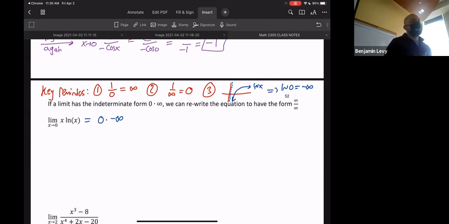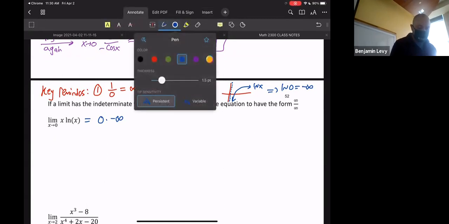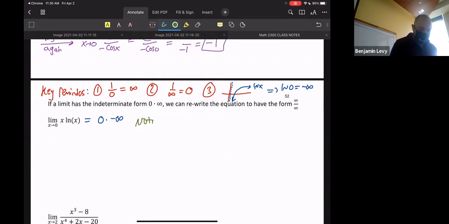But the thing is, we can actually rewrite this idea to make it look like either 0 over 0 or infinity over infinity. Let me show you and then we can talk it through. Notice that our original function can be rewritten like this.